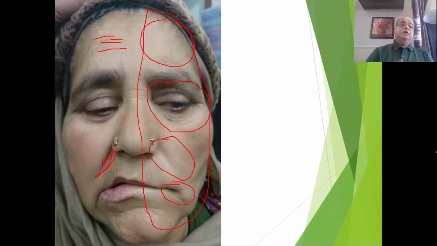When this lady presented in our clinic last year, and we investigated her, she gave us the history, which I will show you in the next slide. But on examination, this same lady on the left side of the ear had this condition.